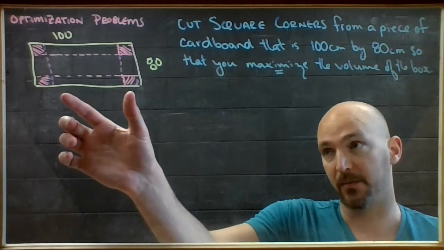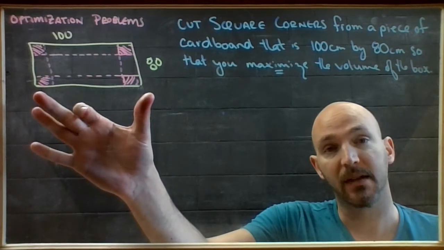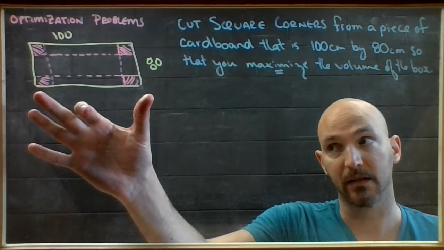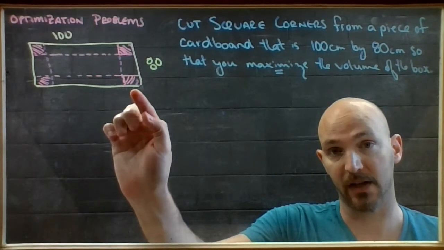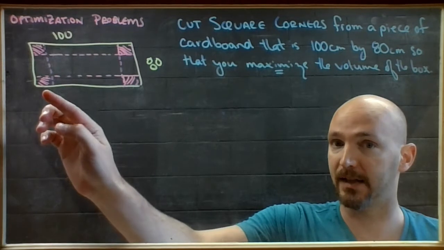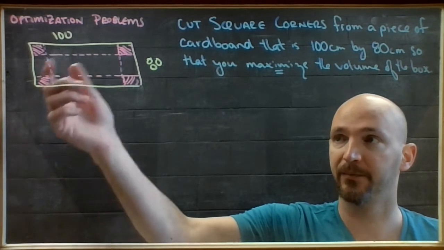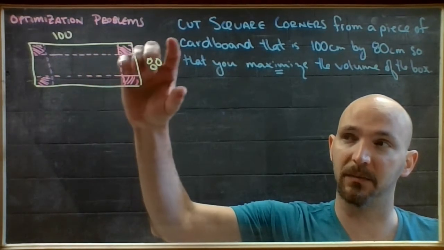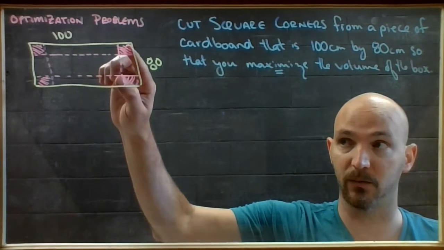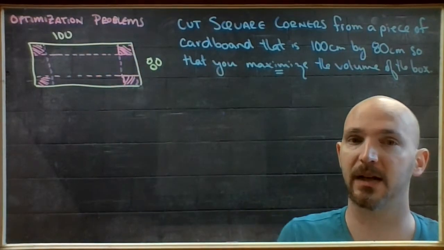The length of my box will end up being the 100 centimeters I had at the beginning, less however much I cut out of this side, and less however much I cut out of that side. And my width of the box is going to be my 80 centimeters less, again, what I cut from this side and what I cut from that side.